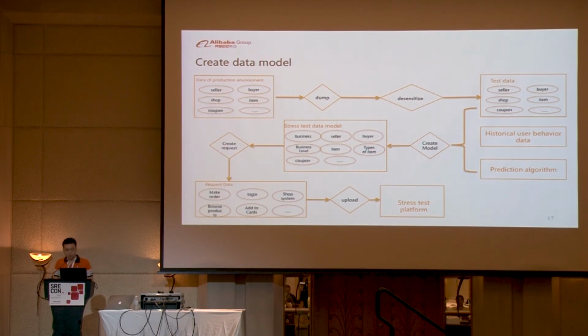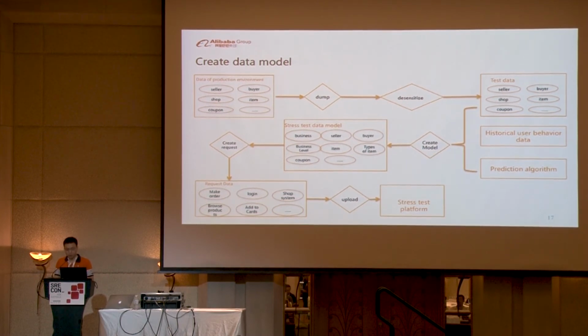Once the business model is ready, we can create corresponding test requests and upload the requests to the test engine. So this ensures our test data is very similar to users' real behavior, and the test result is then convincing.